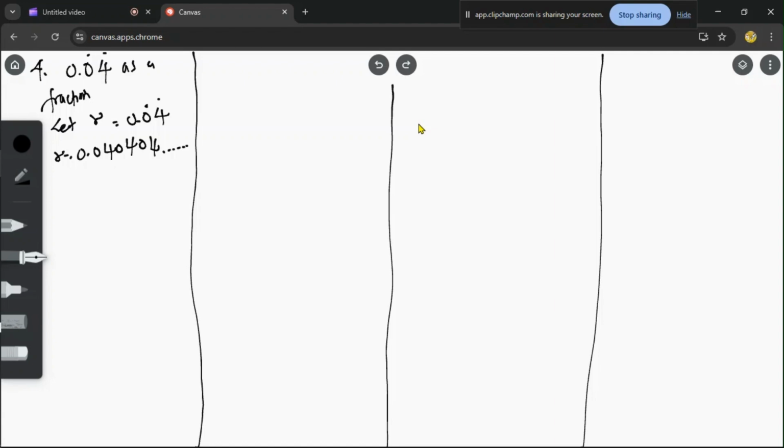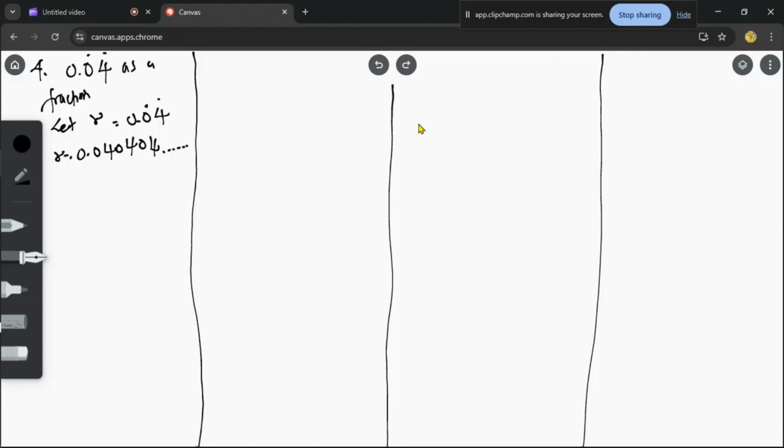I want to move the decimal to where the number starts to repeat itself. It repeats itself after two steps: 1, 2. Again you start with 0, 4. So you can see after two steps, the number repeats itself.